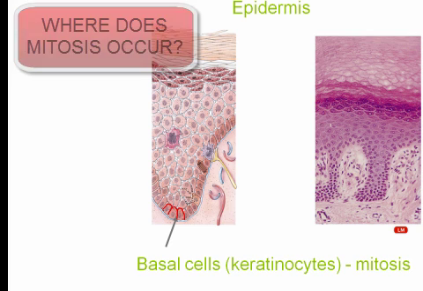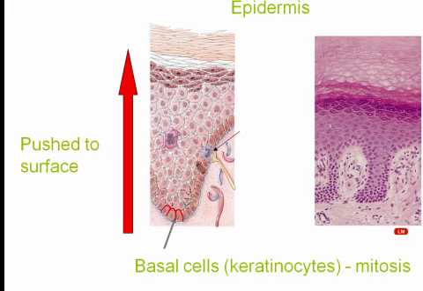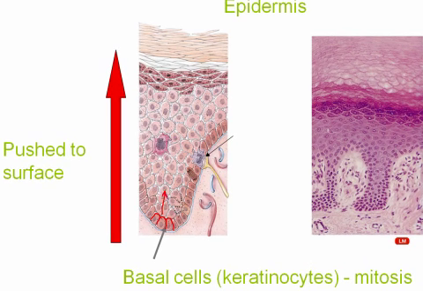These cells are constantly going through mitosis and dividing, and those daughter cells, as they are produced, get pushed to the surface. And as they migrate through the surface, they mature, they produce more and more of the keratin, which waterproofs the skin, that eventually will kill the cell, and so the upper layers of the epidermis are flat, dead cells that are stuck together up through the various layers.